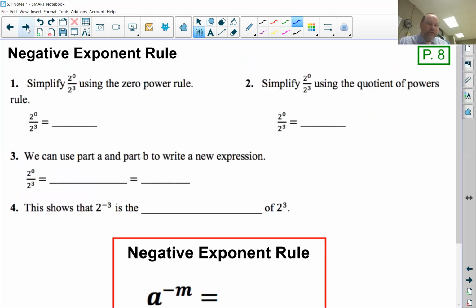All right. Negative exponents. Negative exponents are a little bit different. Here we can use the 0 power rule.